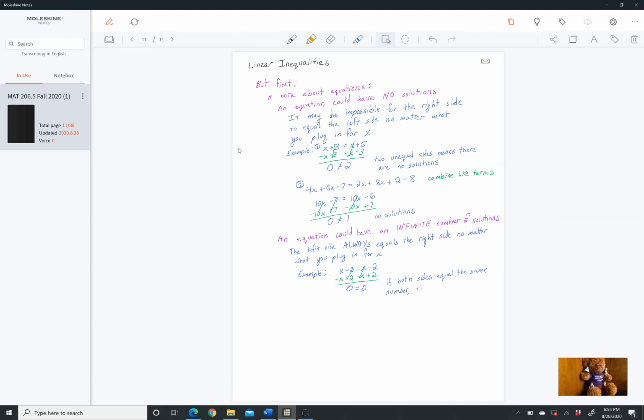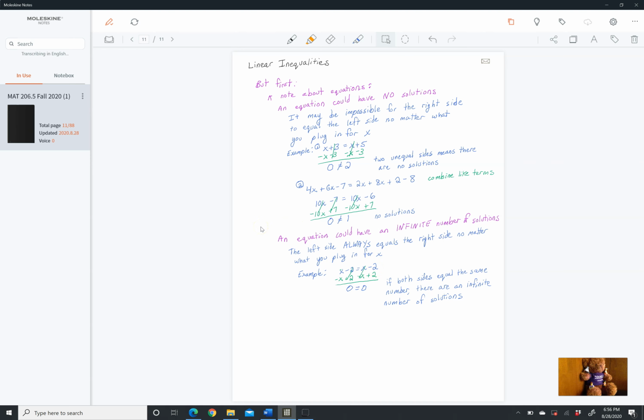That means that there are an infinite number of solutions. Okay, and notice what you're doing to x on the left is the same as what you're doing to x on the right.